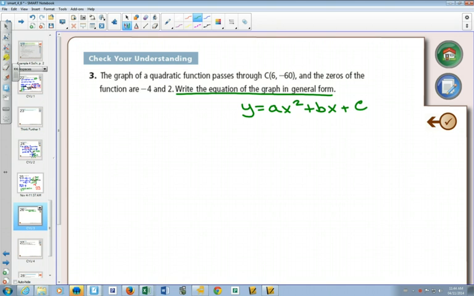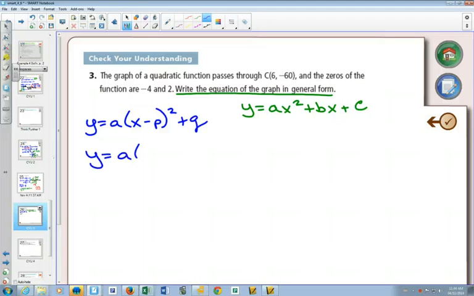You have two other equations, the standard form equation, which we learned the other day, and the factored one that we learned today. All three of these are on your formula sheet.